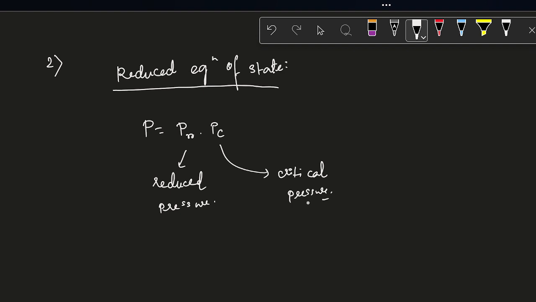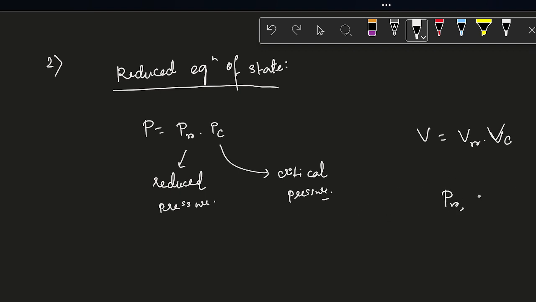Similarly, V equals V_R times V_C, where V_C is the critical volume and V_R is the reduced volume, and T equals T_R times T_C, where T_C is the critical temperature of the gas and T_R is the reduced temperature.